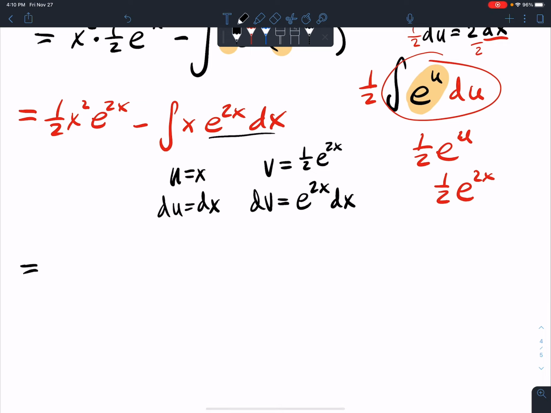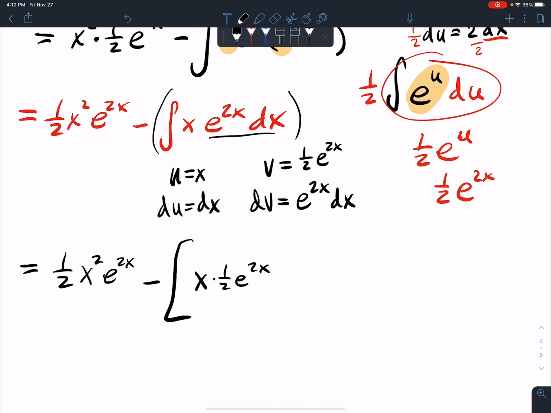So substitute in, so I have 1/2 x squared e to the 2x minus, and now everything that goes in here, uv, which is x times 1/2 e to the 2x minus integral v, which is e to the 2x, du, which is just dx.